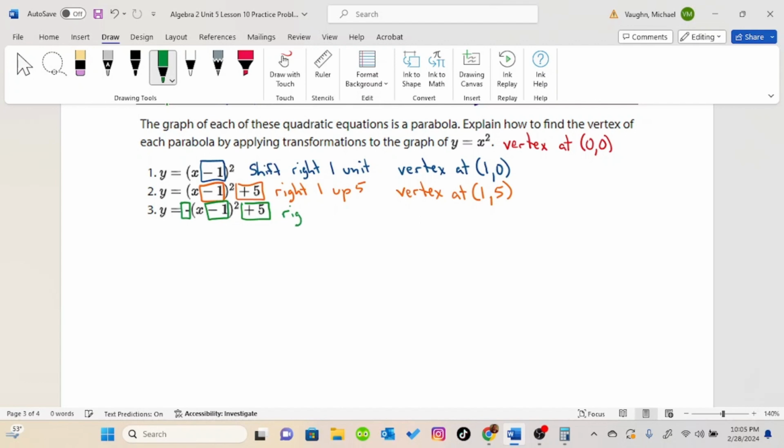So this is right 1, up 5, reflect across x-axis. This flips it upside down, but it doesn't change the vertex. The vertex is still at 1, 5.